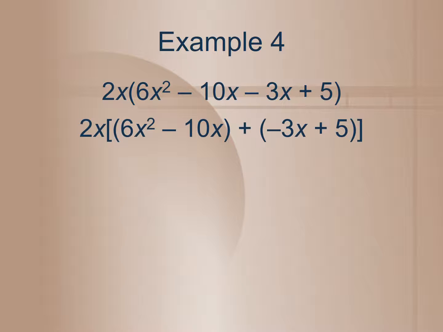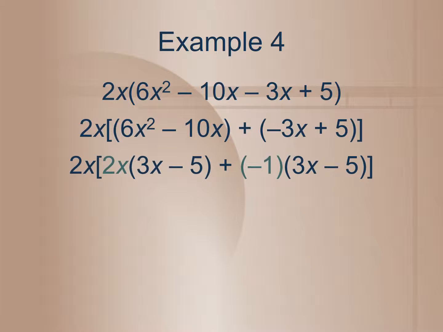So I need to factor out common monomials. So if I have 6x squared minus 10x, I can factor out a 2 and an x, leaving me 3x minus 5. And in this little binomial group here, I don't think I can factor an x out, but I could factor out a negative 1, and that would leave me 3x minus 5. So now I have a common binomial.